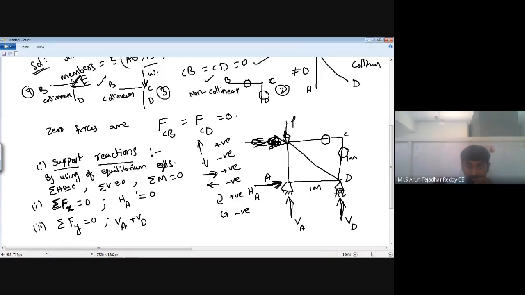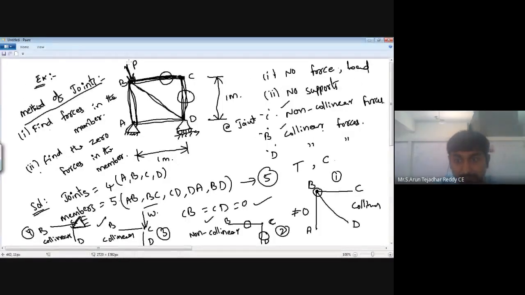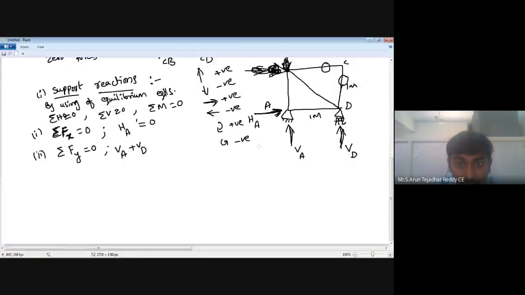And here one more load is acting, this P, in the downward direction, and downward direction takes negative. Negative P is equal to 0. So VA plus VD is equal to P. This is equation number 1.